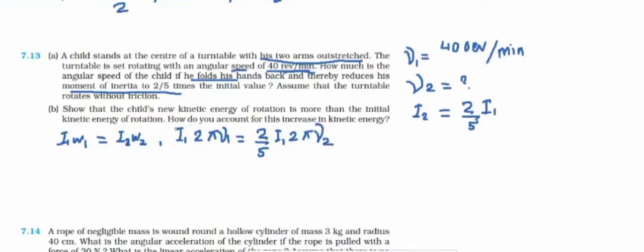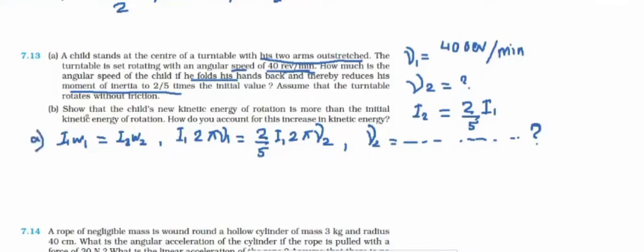Now here I1 cancels, 2 pi cancels, so that you can find the value of nu2. We haven't converted the unit, so you will get it in revolution per minute only. You get around 100 revolution per minute. Now that is the answer to part A.